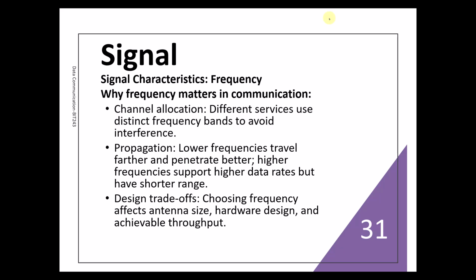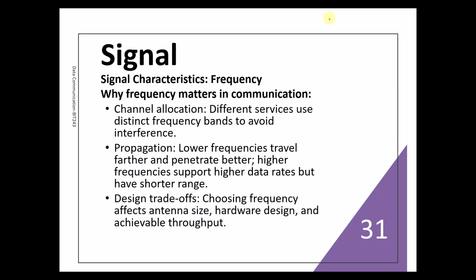Then propagation. In terms of propagation, lower frequencies travel further and penetrate better. Higher frequencies, as we said earlier, support higher data rates, but they have shorter range. This is because of their wavelength. We'll get to know how we can calculate the wavelength.